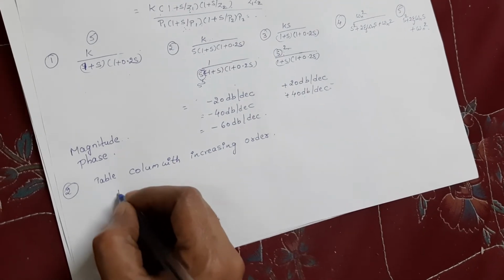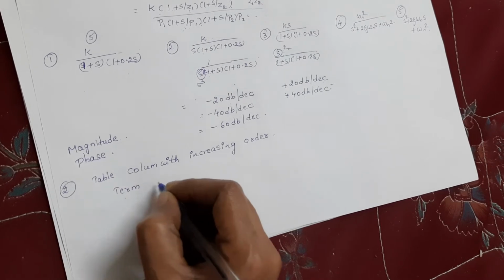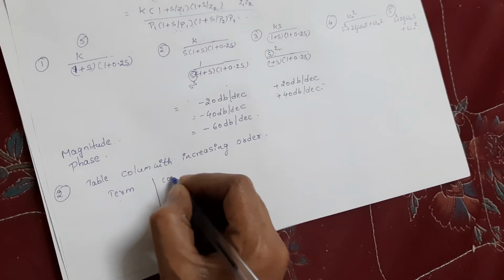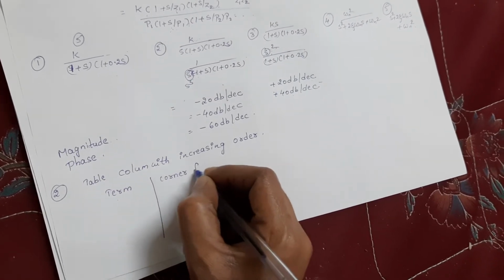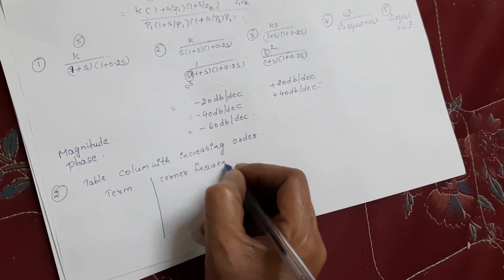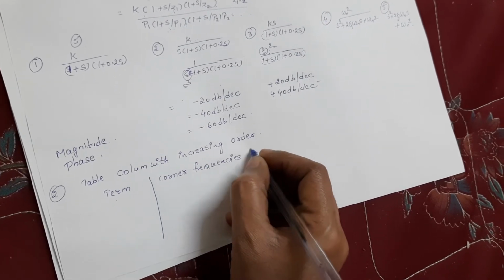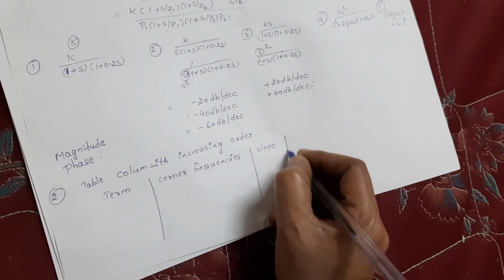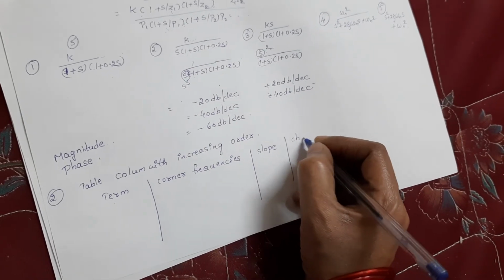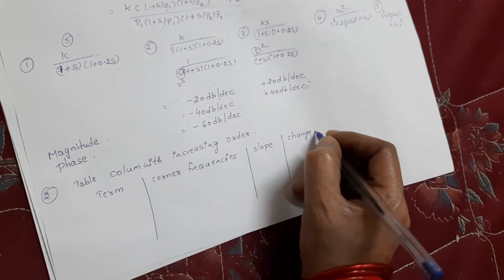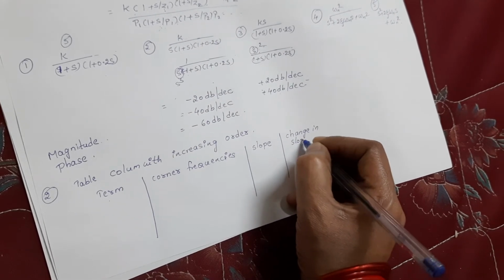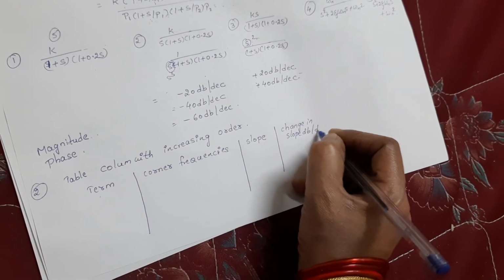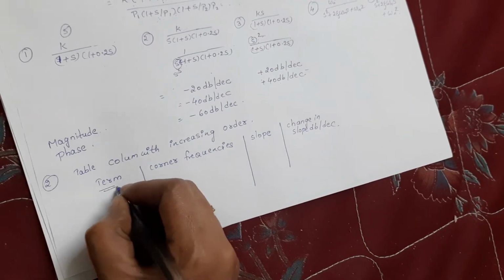See, the table consists of terms, then corner frequencies, then slope, and then change in slope in dB per decade. So what does this term mean?